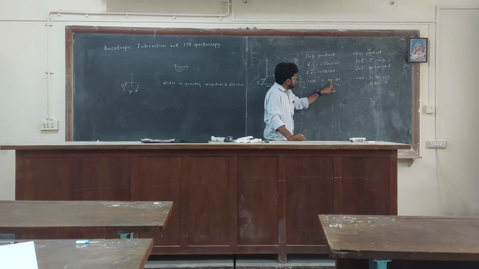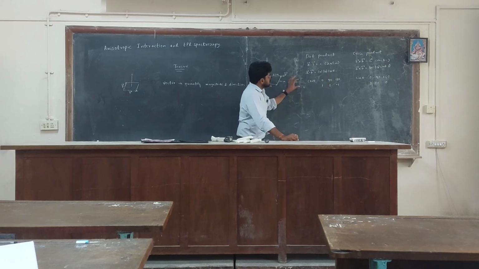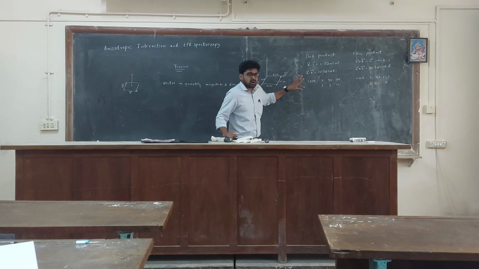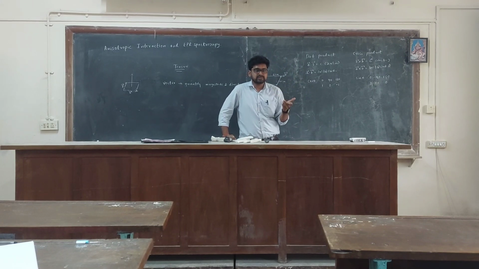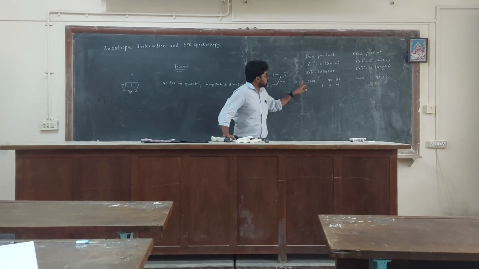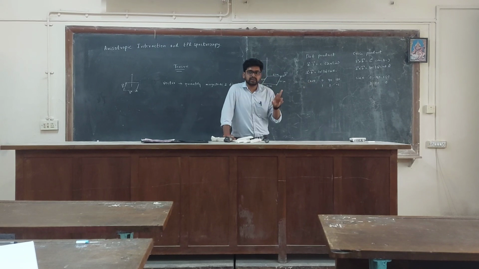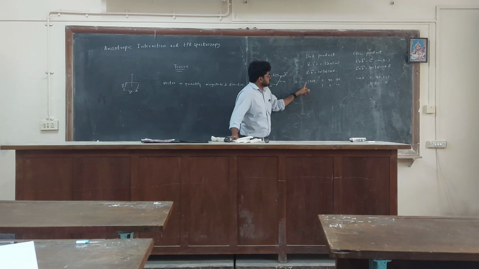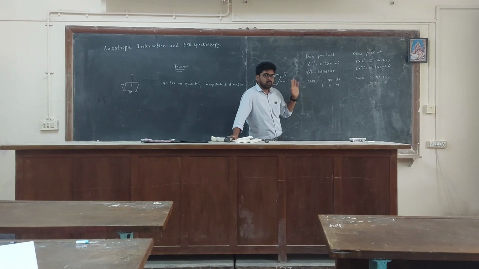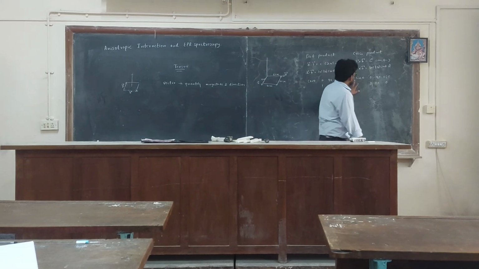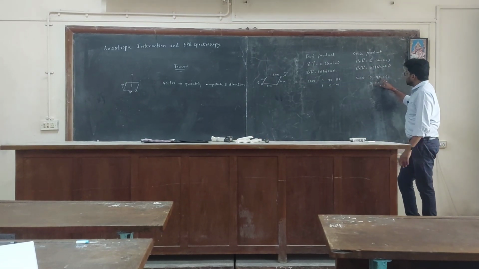If theta is 90, then the whole value becomes 0. That means the dot product is maximized if the two vectors are parallel to each other. So the dot product is a measure of how parallel the two vectors are. Now for sin theta, sin 90 is 1.